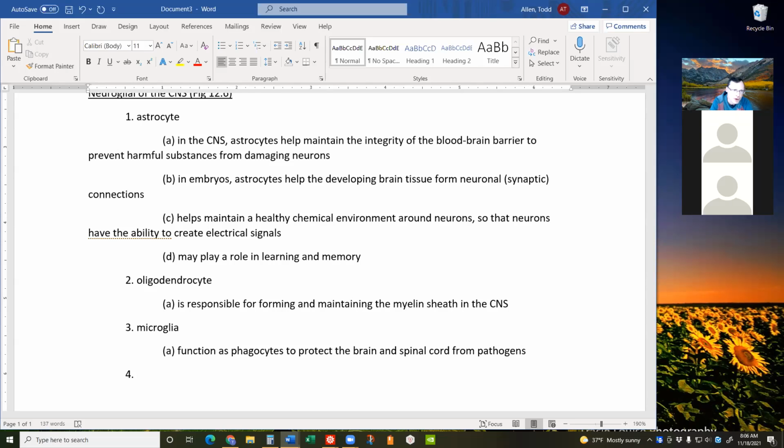And then the fourth type of neuroglial cell that we'll document in your notes from figure 12.6 are the ependymal cells, kind of a strange word. The ependymal cells line the ventricles of the brain.